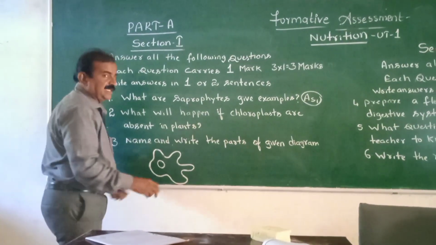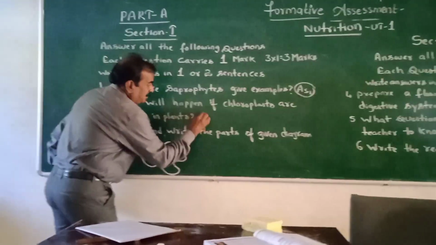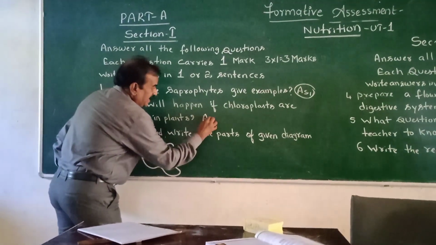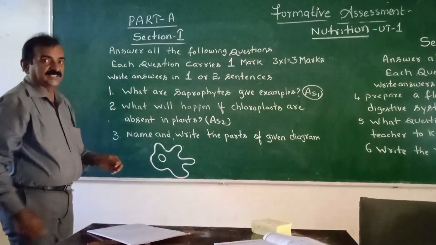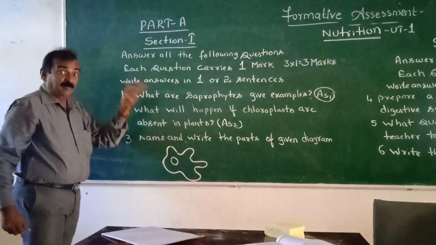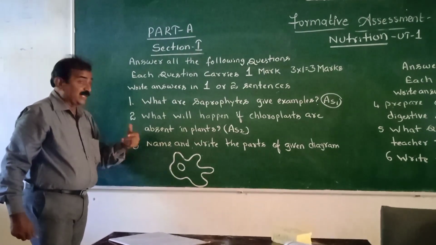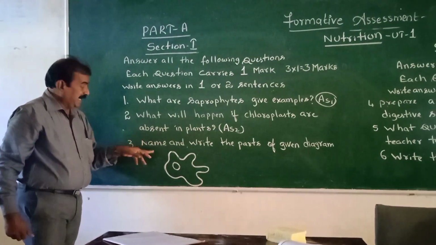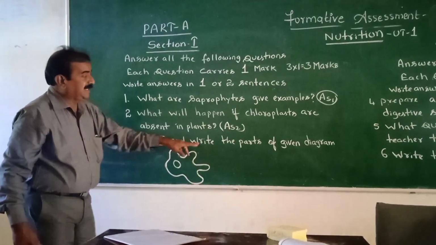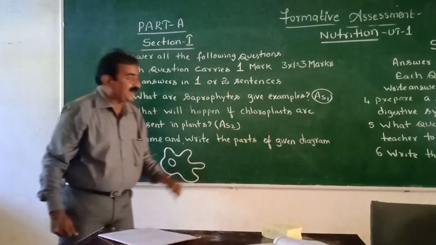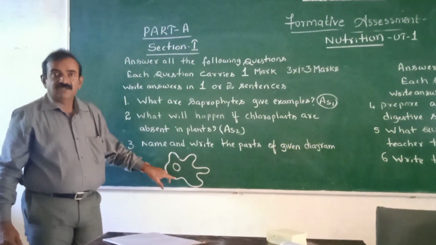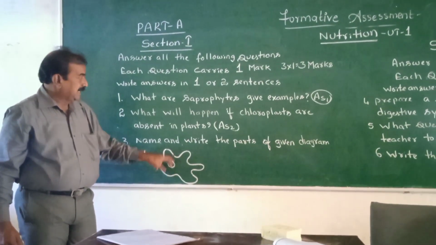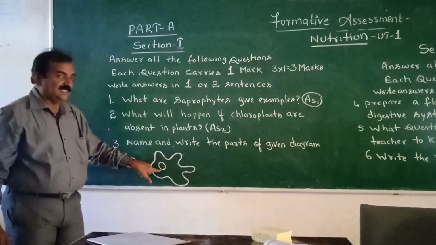What question is this? AS2. AS2 means asking questions and hypothesis. You are imagining. Name and write the parts of the given diagram. Here there is a diagram on page number 12.